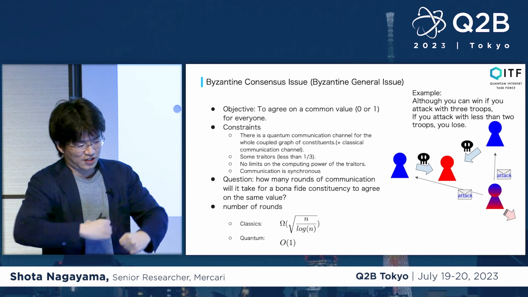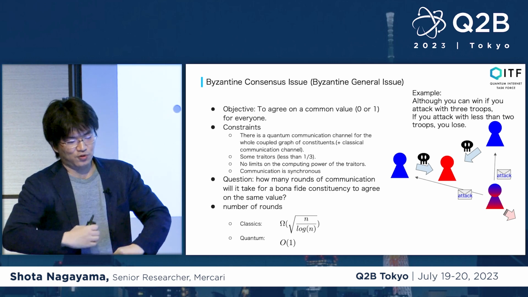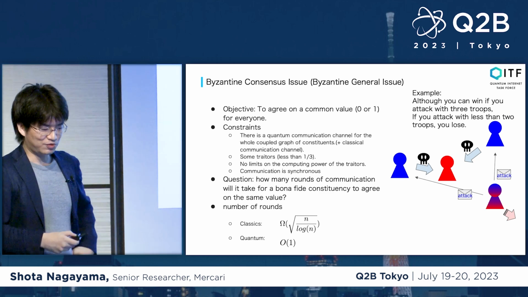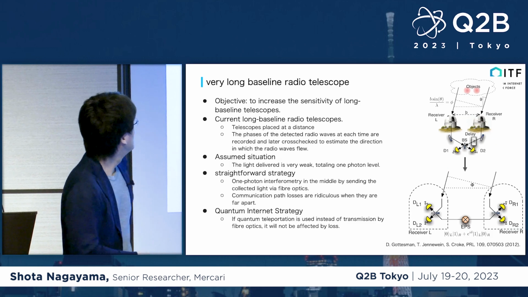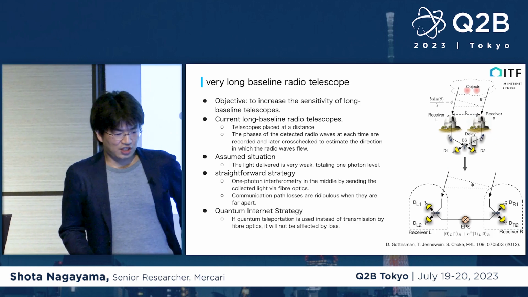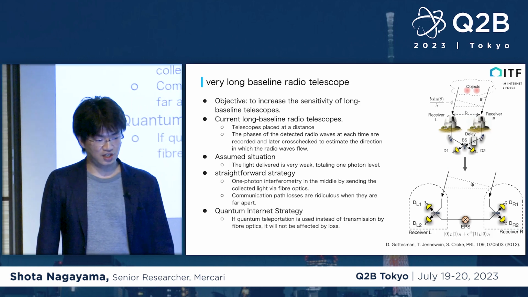When you are to avert accidents, AI may need to gain consensus, and that can be done on a real-time basis using quantum internet. So that may be another benefit.